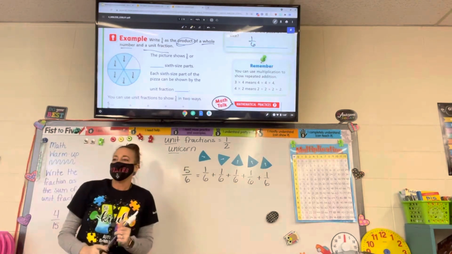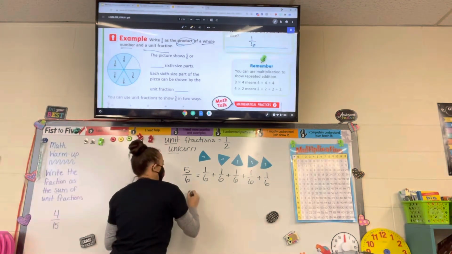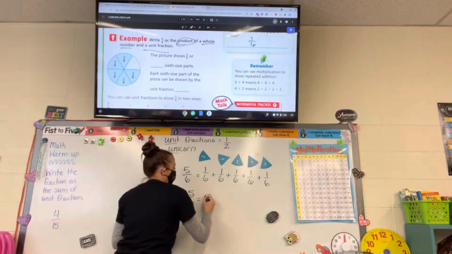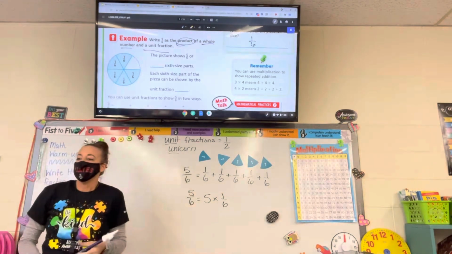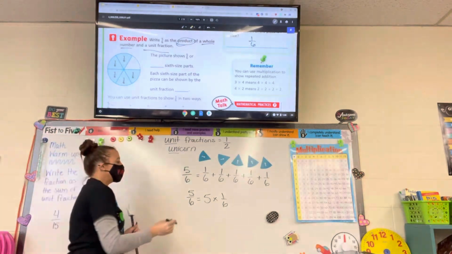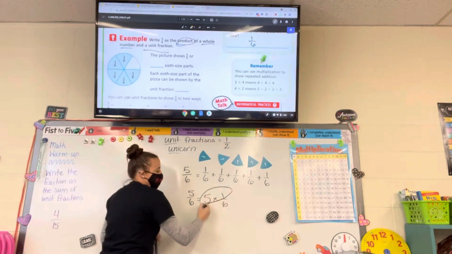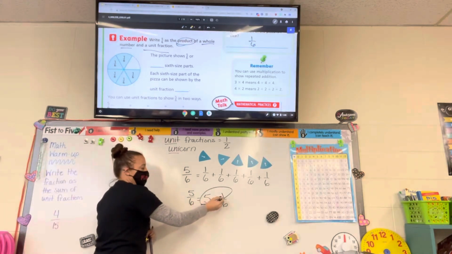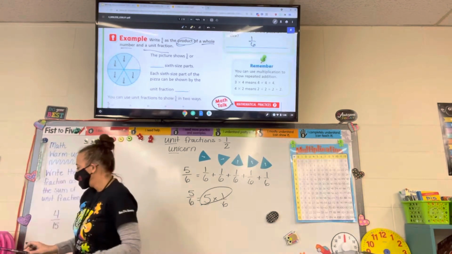How many 1/6 are up there? 5, right? So that means 5/6 is the same as 5 times 1/6. When you're multiplying a whole number times a fraction, you do just like this, guys. 5 times 1 is 5, and then your denominator stays the same.